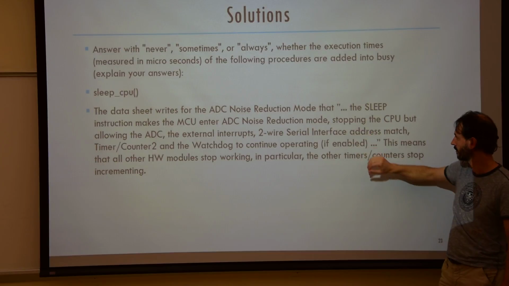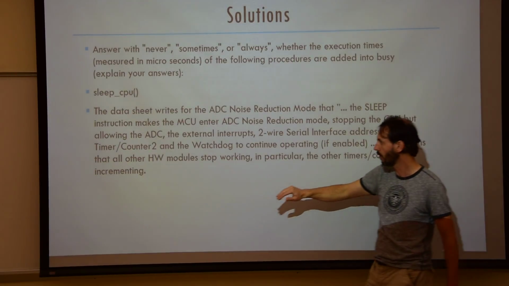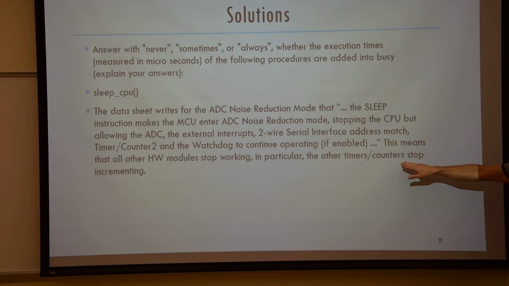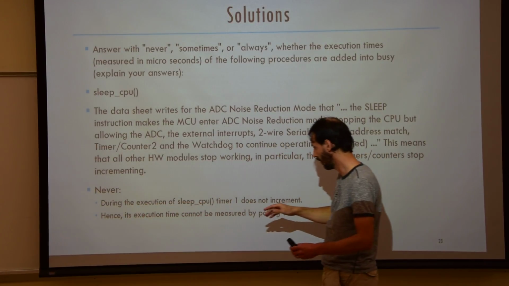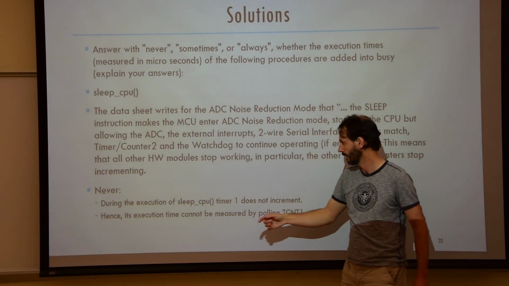So here's listed what is working. We had seen a table that also explained that. But the conclusion is that all the other hardware modules stop working, in particular all the other timers and counters stop working.